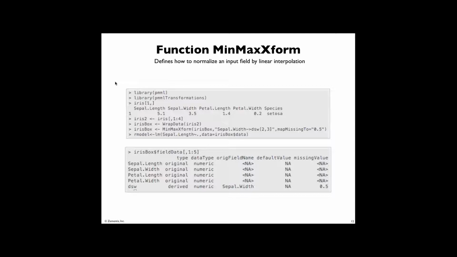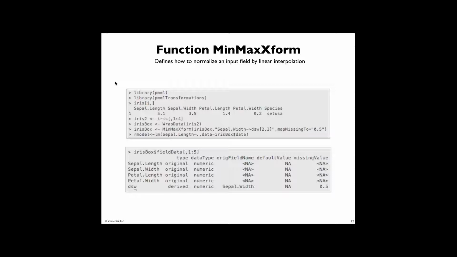So why is the input field sepal.width? Well, that's the second parameter, the information I talked about. And the format is input or raw variable goes to the derived variable and with the new range given next to it. In this case, that means the input raw data is the variable sepal.width, and we wish to transform it to a new variable.